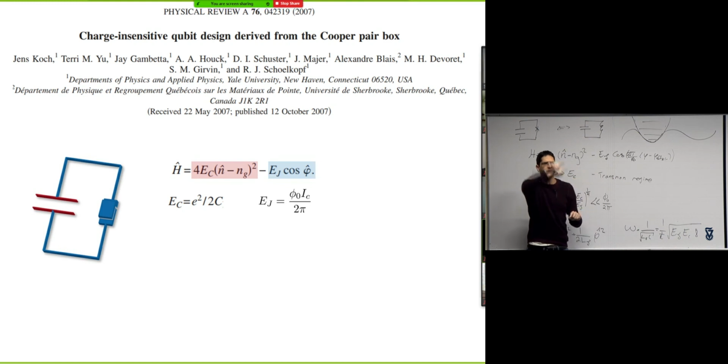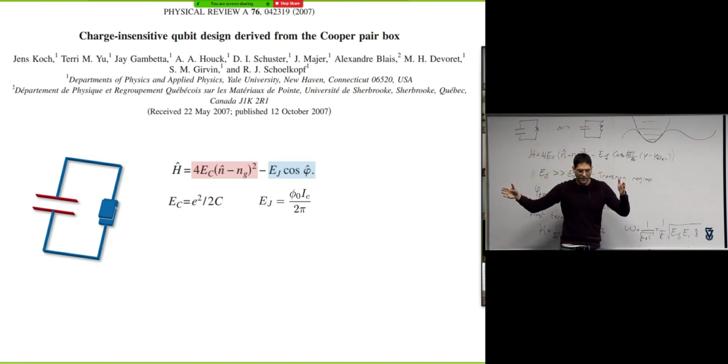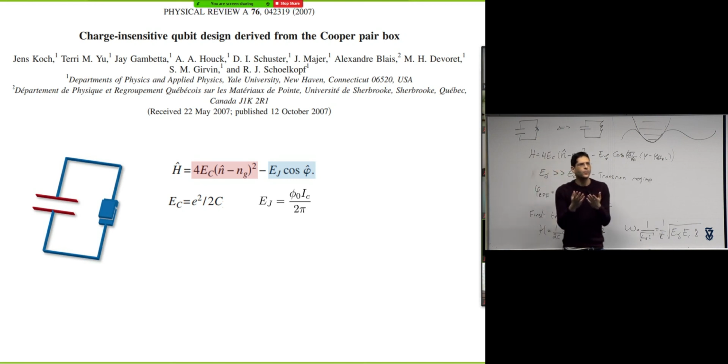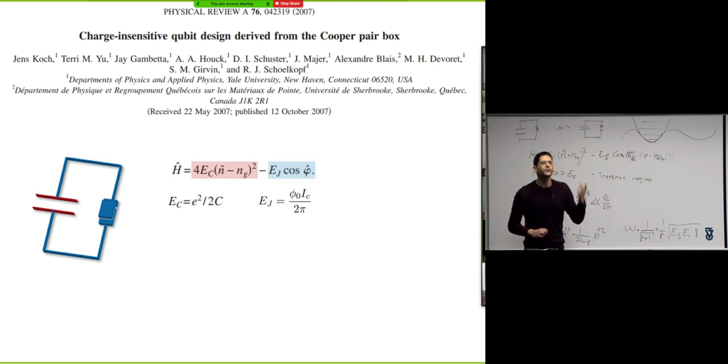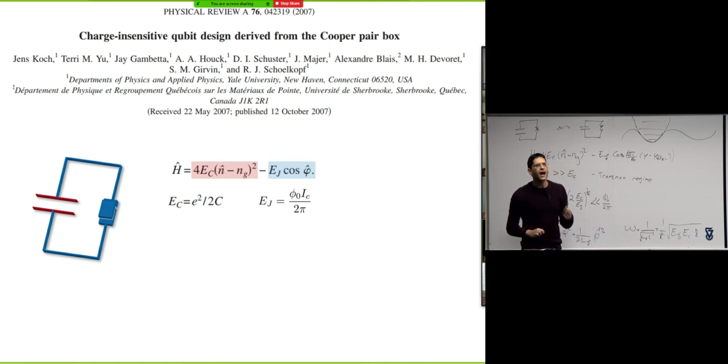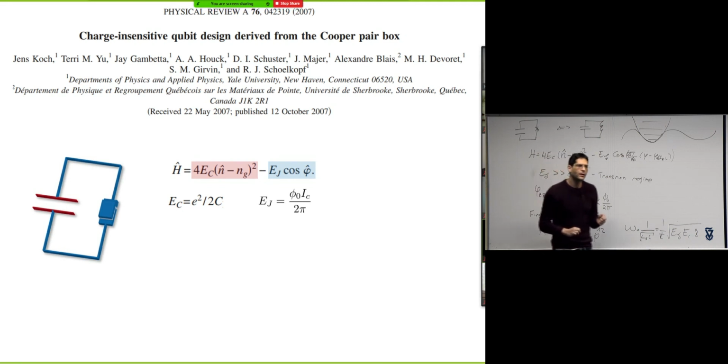So a Gaussian in the time domain will also look like a Gaussian in the spectral domain, and its width will correspond to 1 over the time. So if you try to do a really, really fast pulse on the G to E transition, you're going to be hitting the E to F transition, the second level, also. And that limits the time in which you can do the pulses.